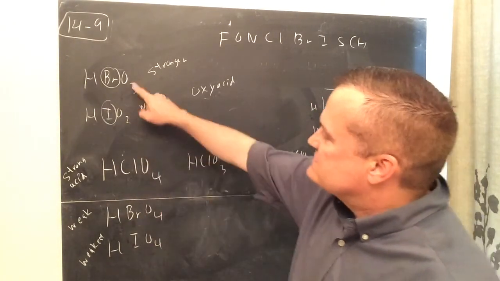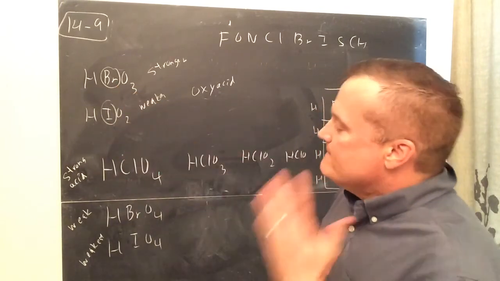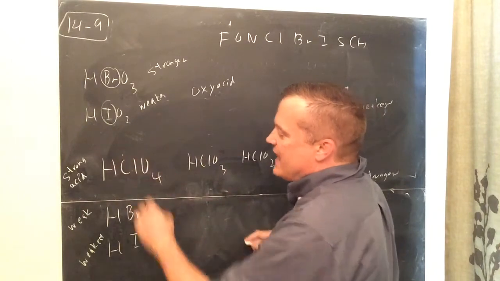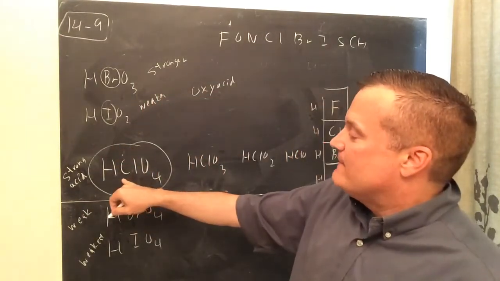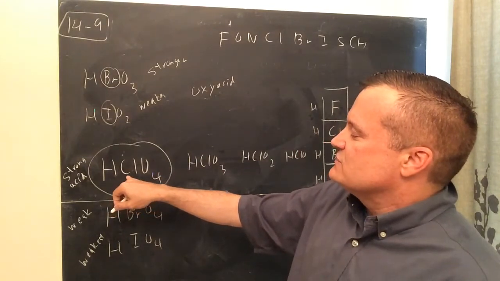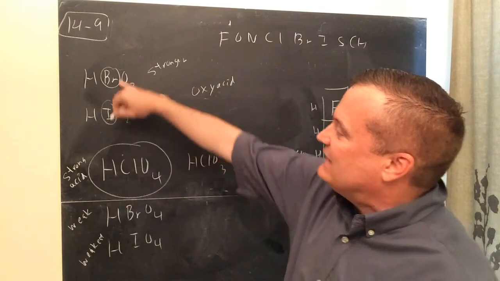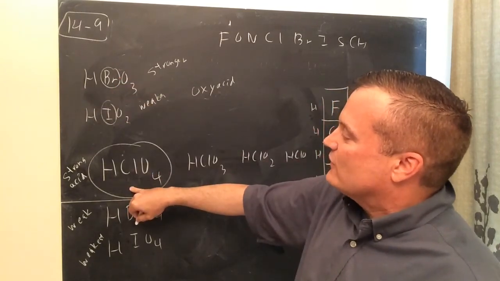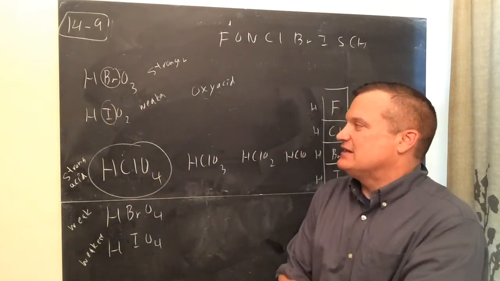Or they could ask you these 2, like I just did a moment ago. HBrO3, HIO3. Maybe you can just remember that HClO4 is an oxy acid that is strong. But if I change that middle element to anything, now it's weaker. Okay? And maybe you need to know it's based on electronegativity.